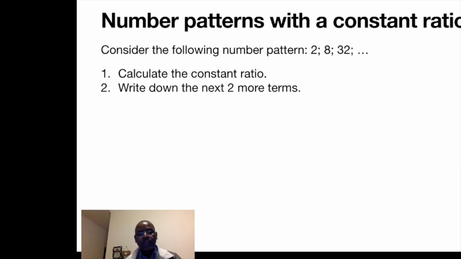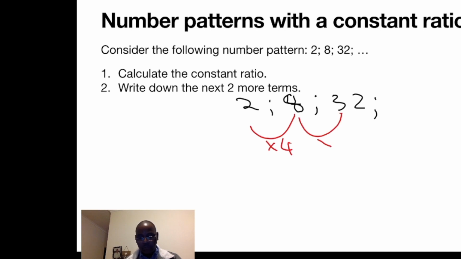The second question says, write down the next two terms. So we are extending the number pattern by 2 more terms. The first 3 terms are 2, 8, 32. And we know that we should keep multiplying by 4. So it's easy to write the next 2 terms.